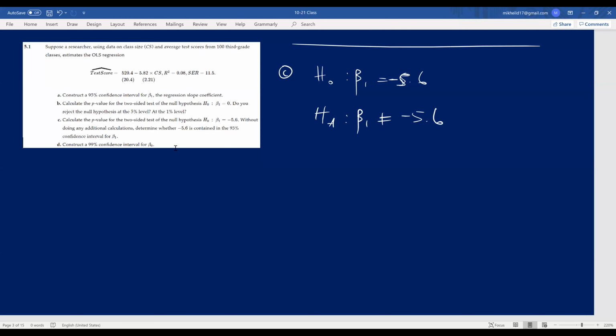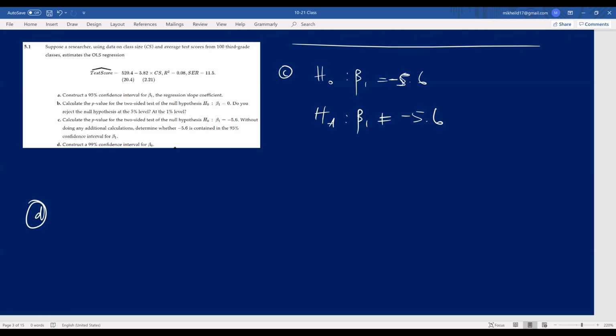No. Why? Because it's a smaller value than 0, and the p-value for 0 was already very small compared to the z critical. Absolutely, that's right. So that's why you don't really need to do any calculations in part C. But let me now explain. Let me do part D, and then I'll go back to part C.